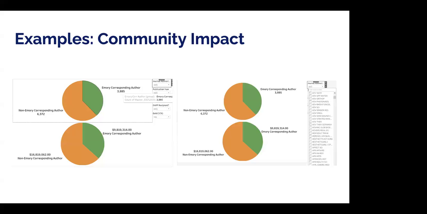From the left side to the right side, you can see that if we care to see, for a given subset of journals or publishers, what the breakdown looked like in terms of where an Emory author was a corresponding author and where it was not, we can subset the data in that way with the dashboard that we built out in Tableau. Next slide.